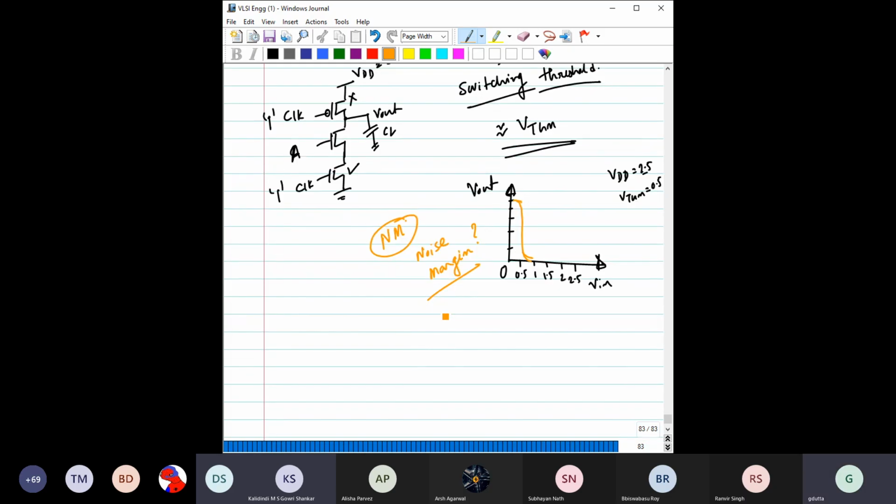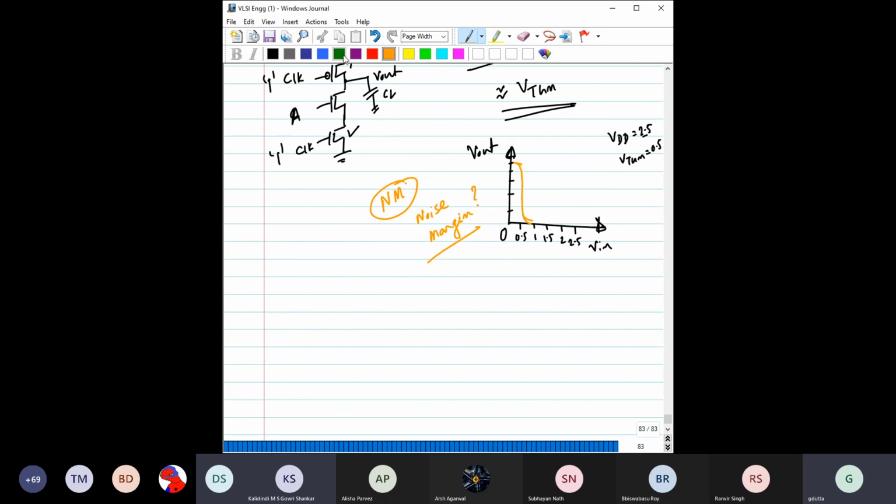I am not getting any response. It is not good actually. Can you not comment on noise margin high, noise margin low? Noise margin high increases, right? Noise margin high is significantly higher compared to noise margin low, isn't it?